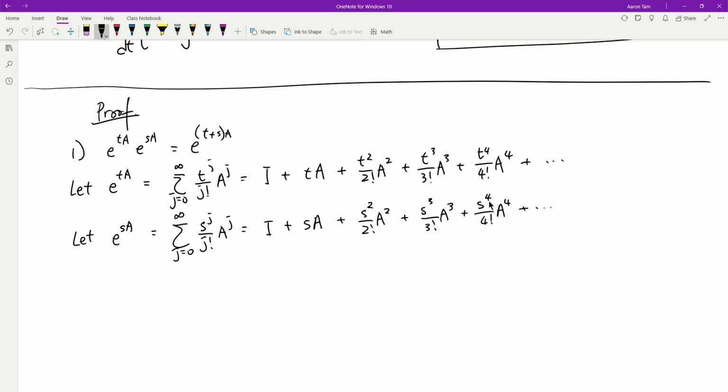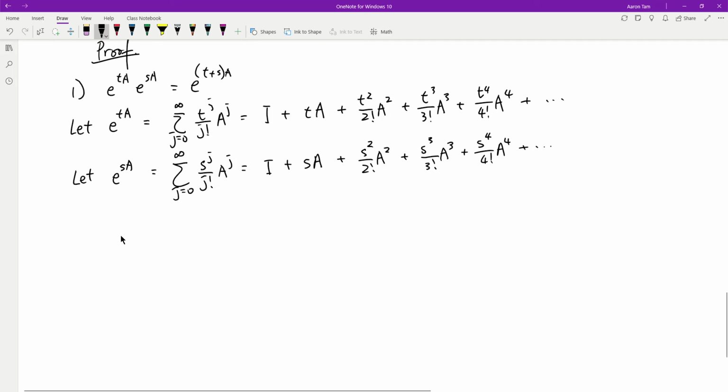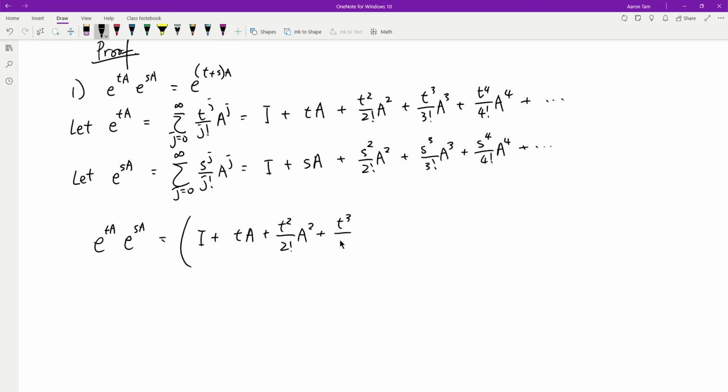So now comes the big problem. I'm going to try to multiply these two things together. Well, as you can see, both of them are infinite series. So what will happen when I try to multiply them together? Well, let's find out. So e to the tA times e to the sA would basically mean I'm taking these two infinite sums and multiplying them together.